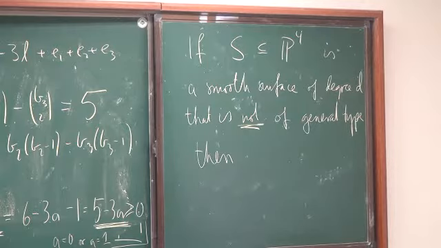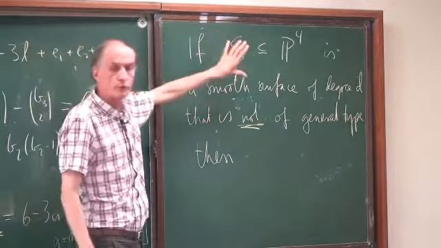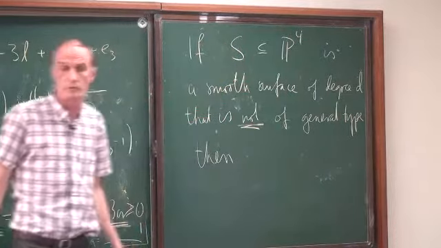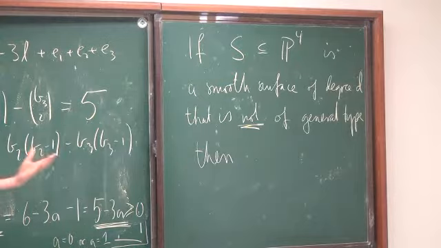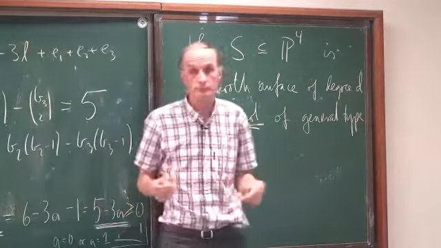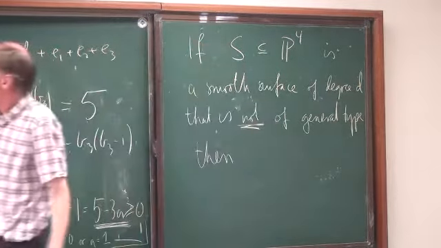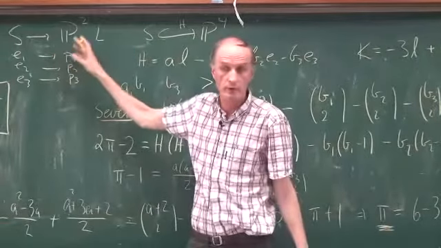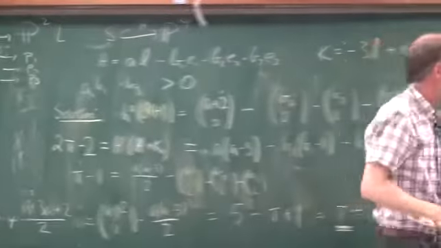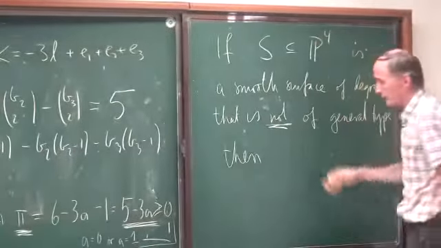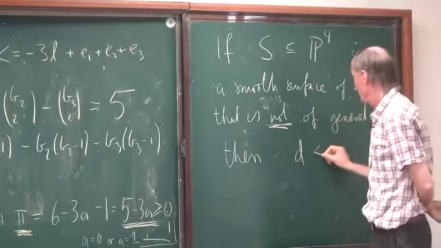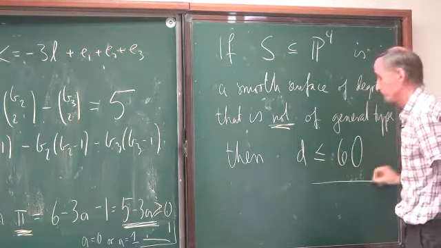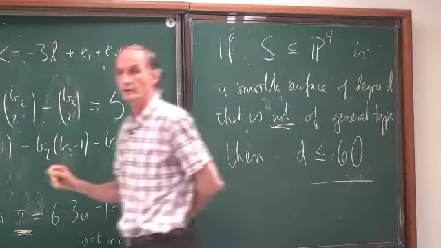So this includes rational surfaces, ruled surfaces, abelian, K3 surfaces, and elliptic surfaces. Of course, not necessarily minimal, meaning these surfaces may have been blown up in lots and lots of points. Still, if it is of this kind, then the degree is less than or equal to, I think the number is now 60. Degree is at most 60.